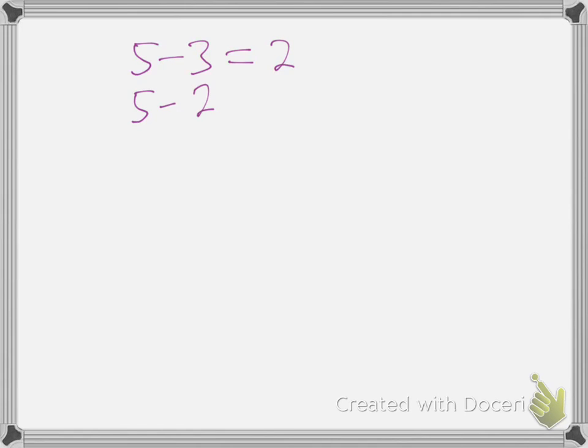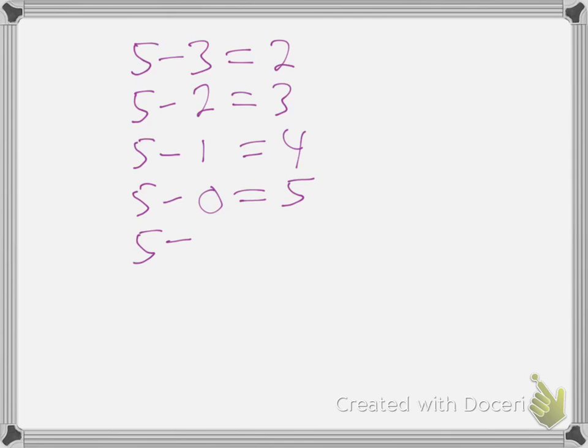Watch the pattern. 5 minus 2, what's the answer? 3. Now remember, suppose I have no idea what double negative means. 5 minus 1, what's the answer? 4. What comes next? 3, 2, 1, 0. 5 minus 0 is 5. You got the pattern.